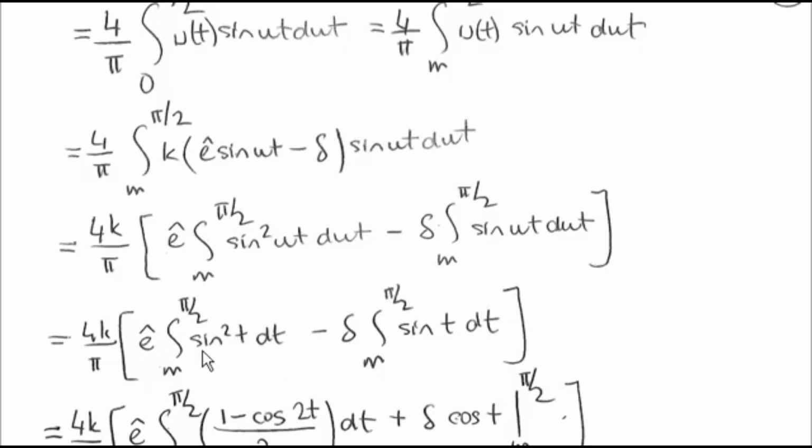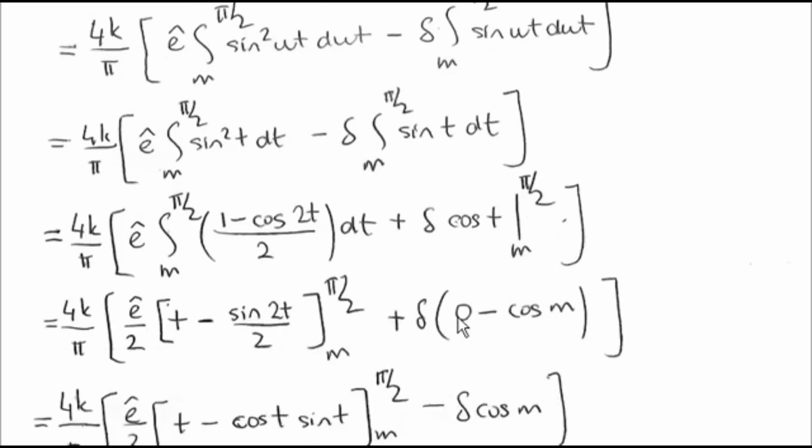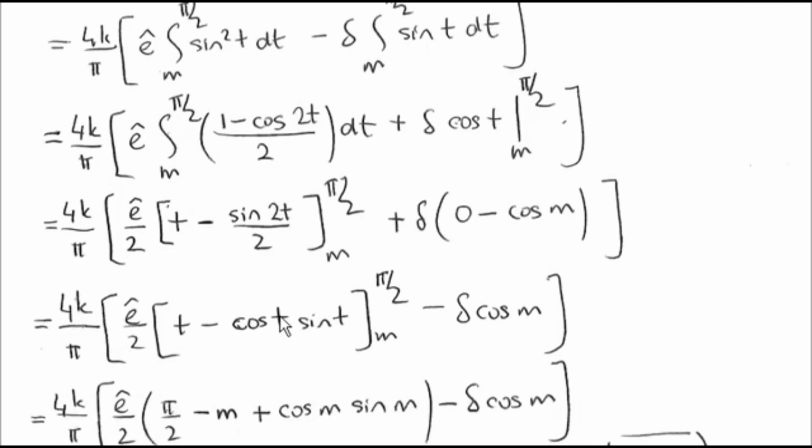In order to be able to take the integral of sine square, I will write this as 1 minus cosine 2t over 2, and the integral of sine t can be taken as minus cosine t, and that minus is going to cancel this one, and I will evaluate at the integration limits. So I can take this integral now quite easily. So this is all integration, just calculus. So it is unfortunately complicated, but we will have to deal with it.